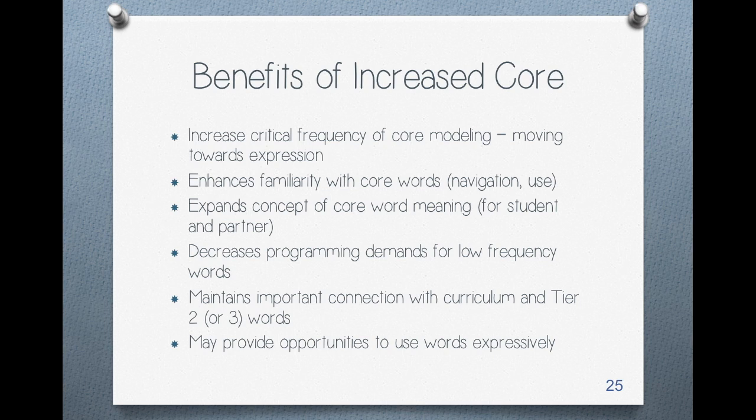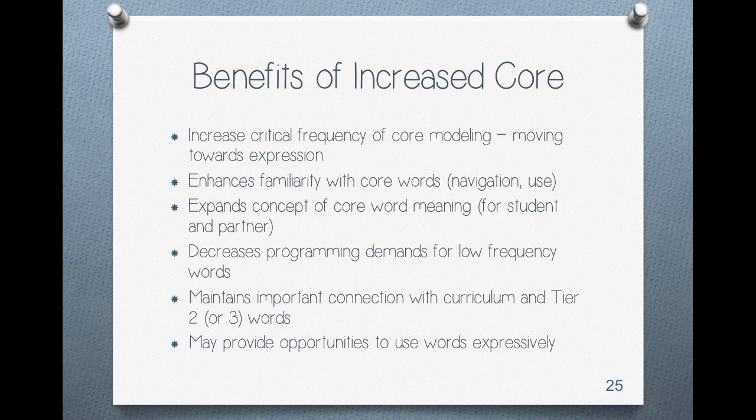So when we increase our use of core vocabulary, remember before how I was talking about that we don't have any instructional context for teaching core words or tier 1 words, right? That's just not part of the curriculum. So we have to find opportunities to do that, and if we don't, they're not going to appear on their own.